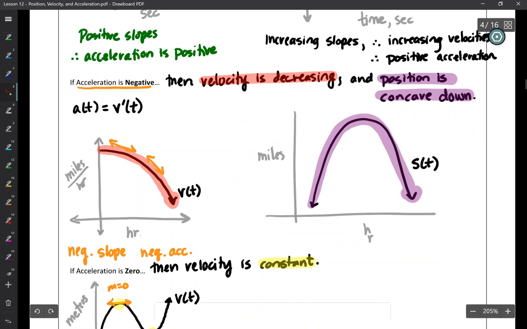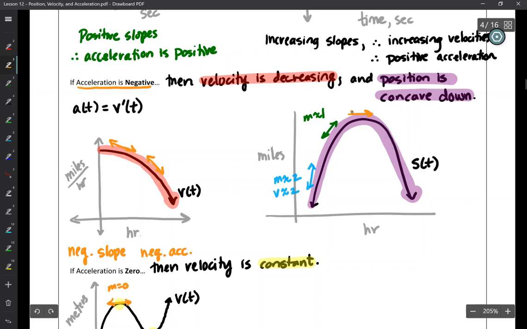Let's see it. Here's a slope of, say, +2. So velocity is like +2 miles per hour at that moment in time. Here's a slope of approximately 1. We're going 1 mile an hour. Here's a slope of approximately 0. We're going 0 miles per hour. We're not moving at all.